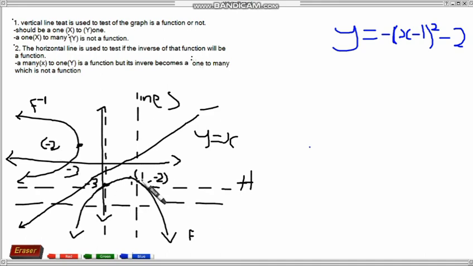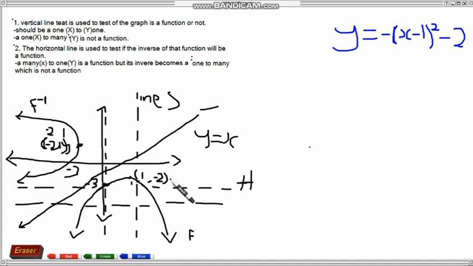The +1, which was x, will be the y. Sorry, made a mistake again. But here, this is 1, and the x is -2, the y is 1. So this is the inverse of the function f.